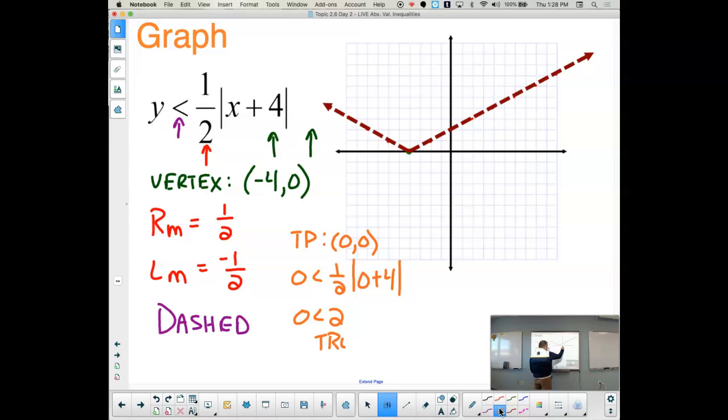So since my test point is on the outside of the absolute value, we're going to shade on the outside of that. Hopefully.